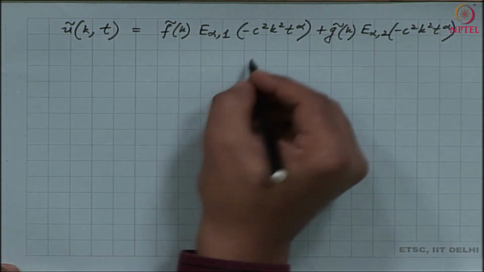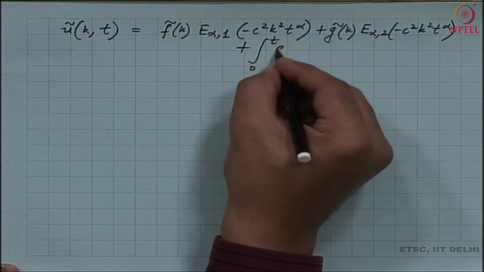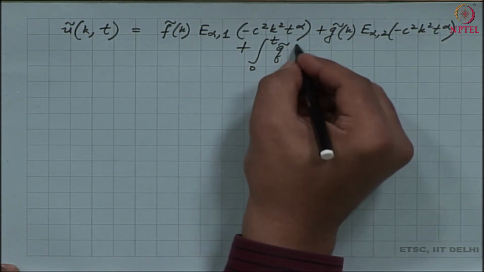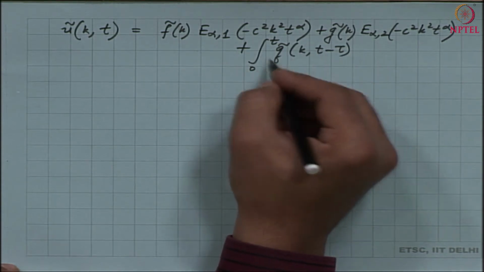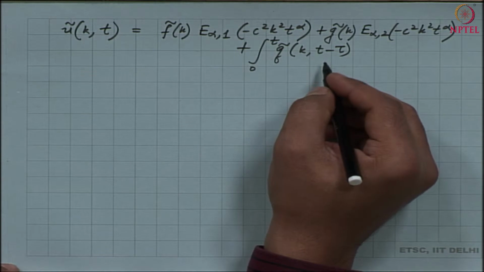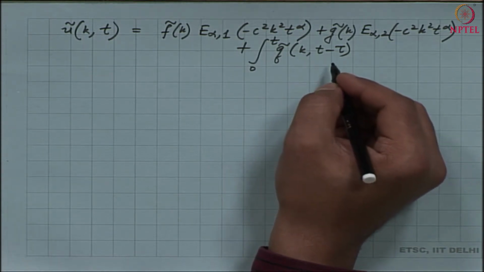Then the third one is the integral from 0 to t of q tilde of k comma t minus tau. After evaluating the inverse transform, I get a convolution in the Laplace sense.